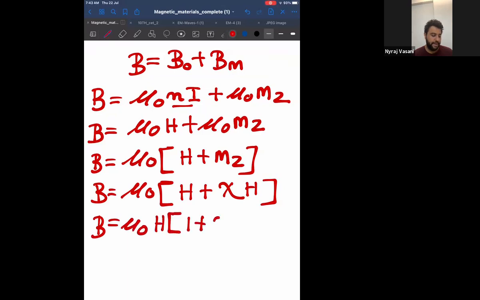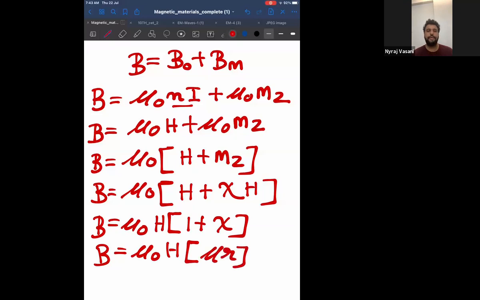Inside the bracket, I have 1 plus susceptibility. Or B is equal to mu naught into H into 1 plus Xi, which is mu r. Relative permeability is 1 plus Xi. And I know that mu naught into mu r is nothing but mu. Therefore, the total magnetic field is mu into H.